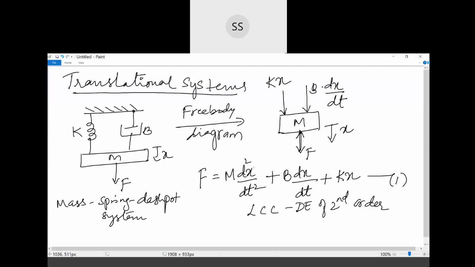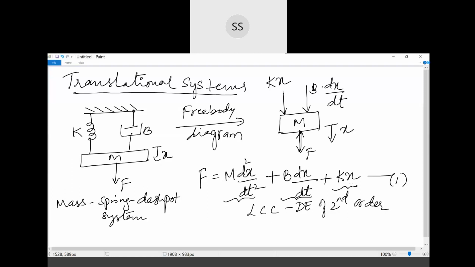So this equation 1 represents the distribution of the force, that is F is equal to, first the mass component, how it responds to the applied force, then the friction component, then the spring component. In the previous session, while discussing the elements of the translation system, we have individually seen what the equation is whenever you have a mass element with the applied force F: the force balance equation.